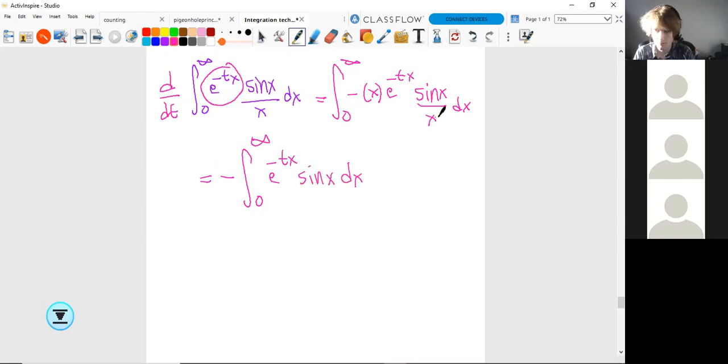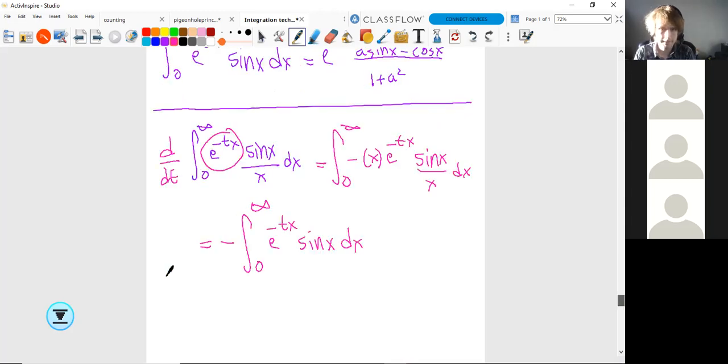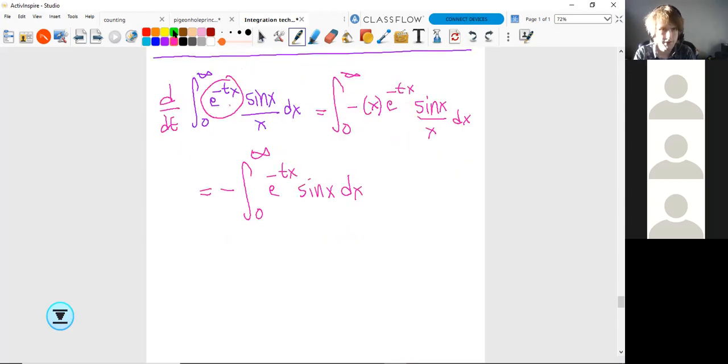So according to our formula, I'm going to call this function capital F of t. So this is capital F of t primed.